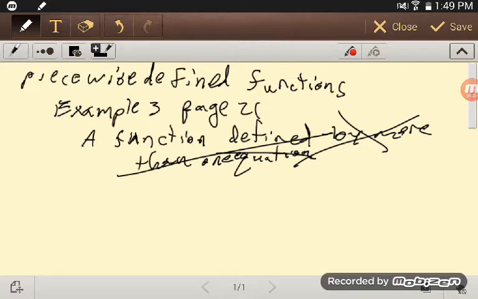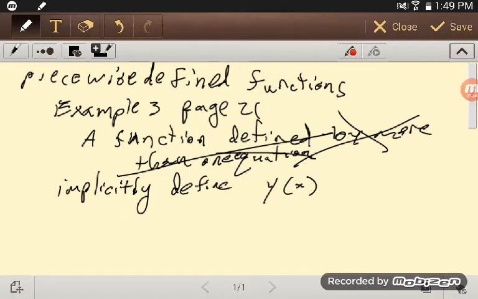We don't define a function by an equation in the sense that they seem to be talking about. So I can define a function by an equation, so implicitly define y as a function of x, then I might have something like x plus y equals 5, and that implicitly defines y as a function of x.